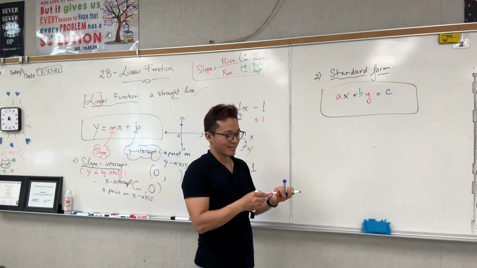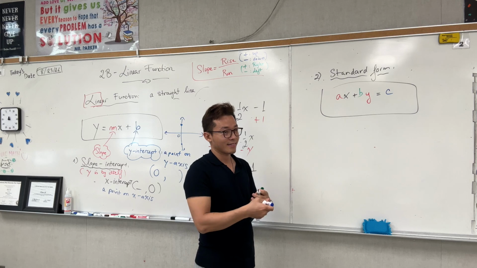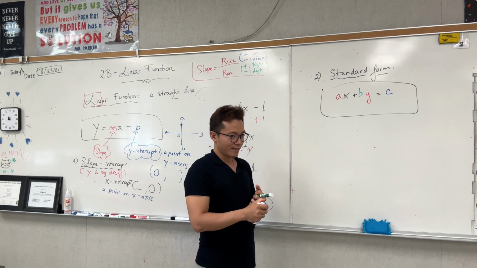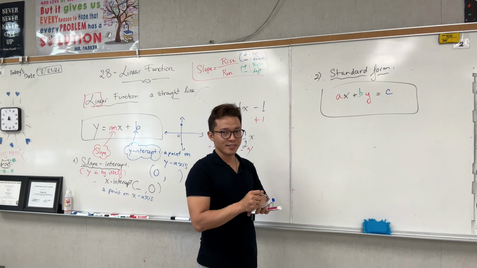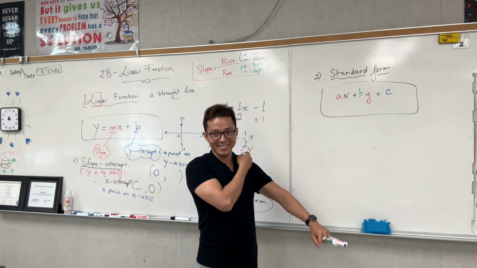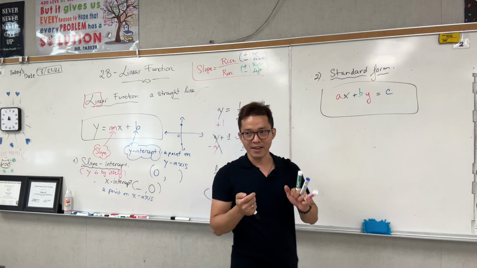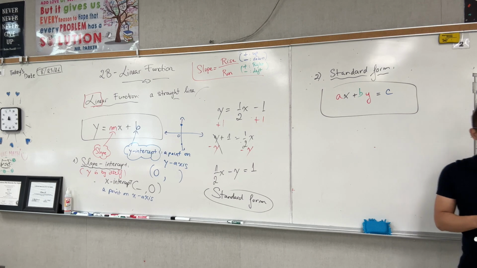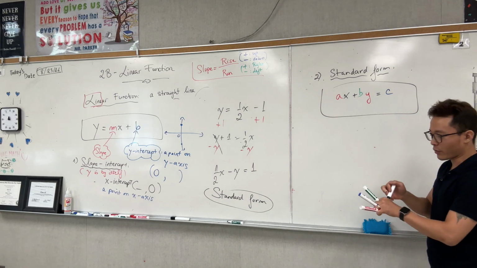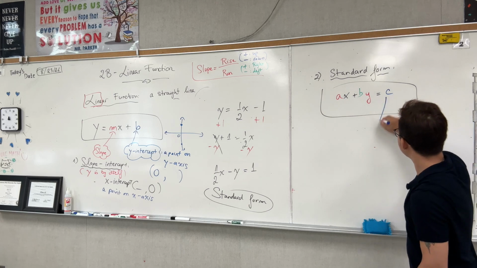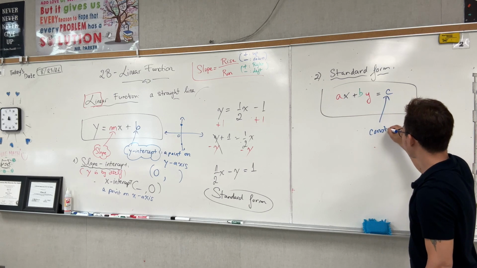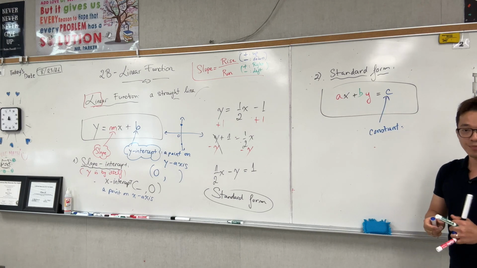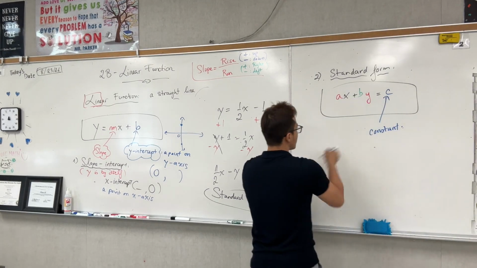A constant is the number, basically A and B in the standard form. A and B here are not constant. The number is correct, but be careful. Who wants to try? What is constant? C is the constant. A and B are coefficients.